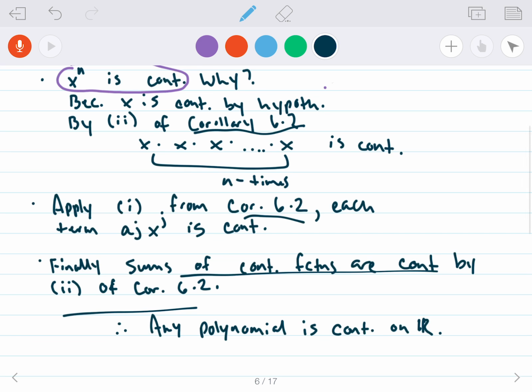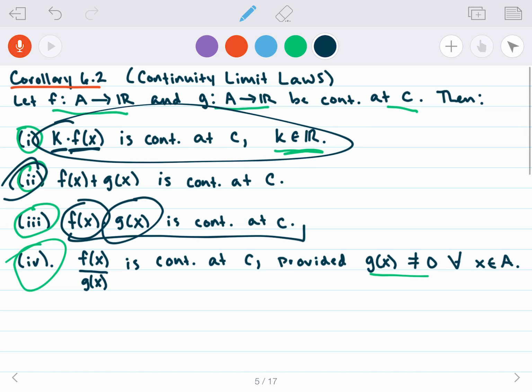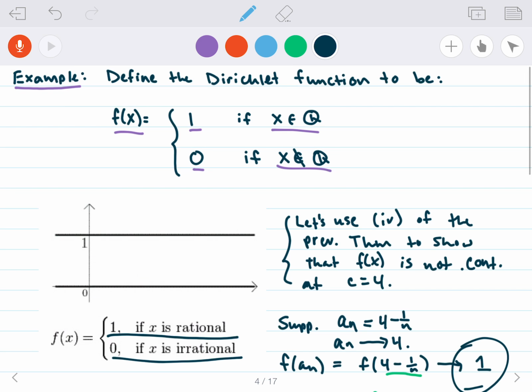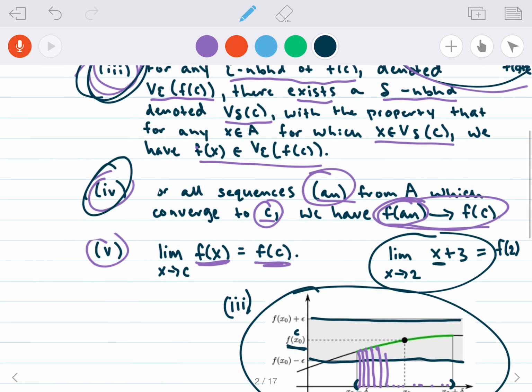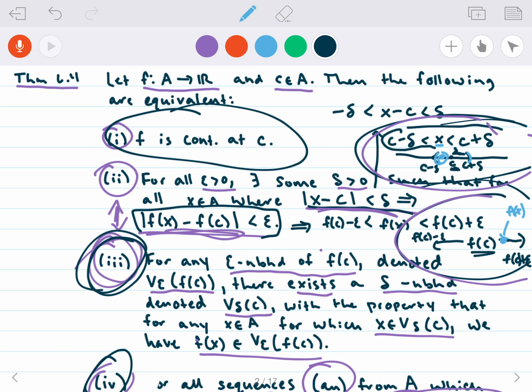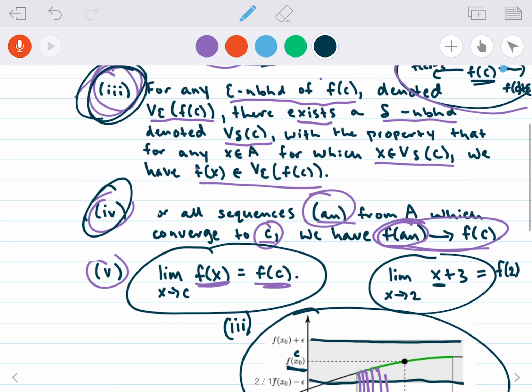Alright, well then by part 5 of our theorem, because our function is continuous at 2, we can just plug it in.